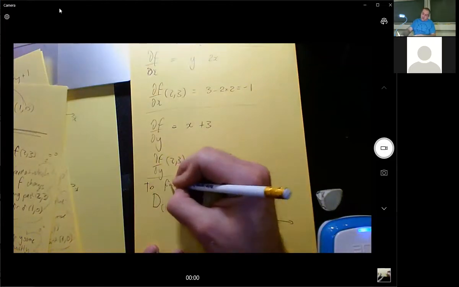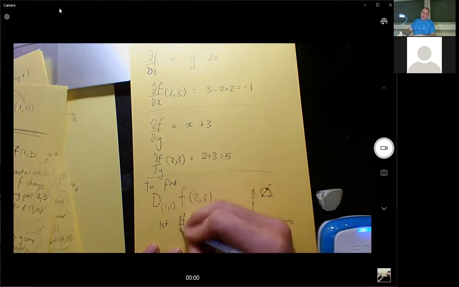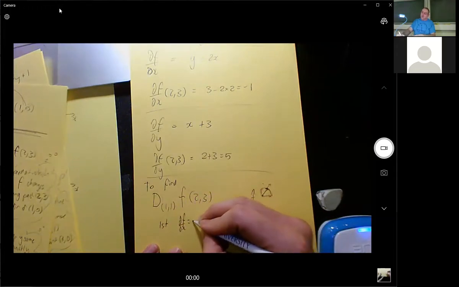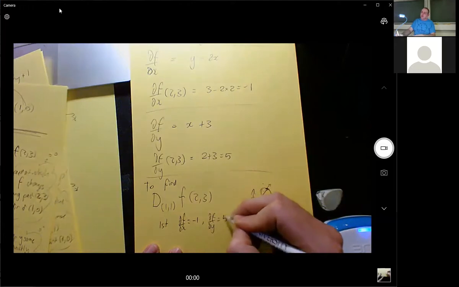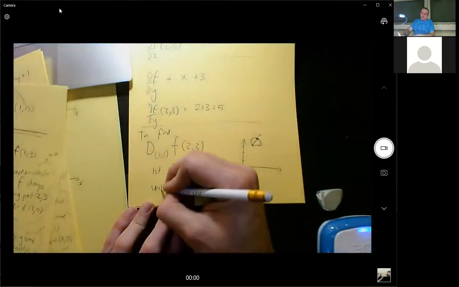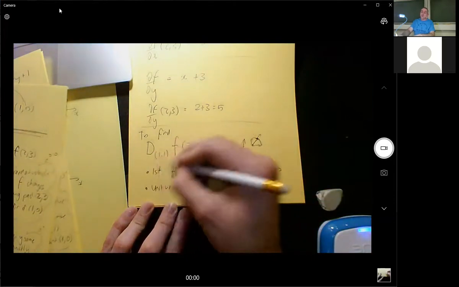So first, to find this, first I find df/dx at (2, 3), and that was -1, and df/dy at (2, 3), and that was 5. I also need to find a unit vector for the direction that I'm going.